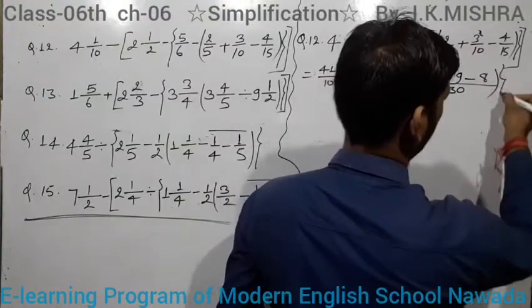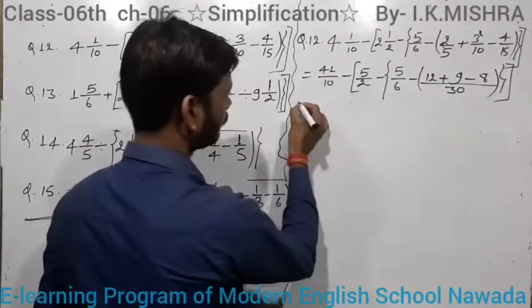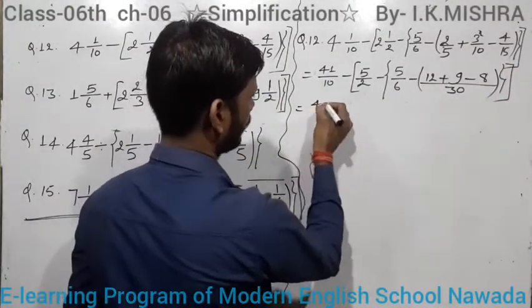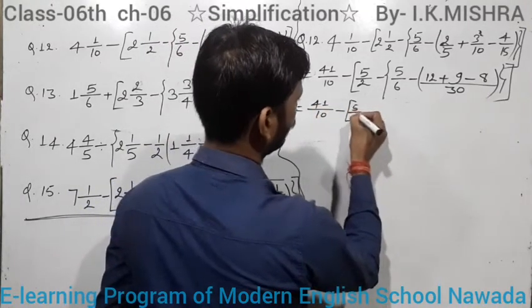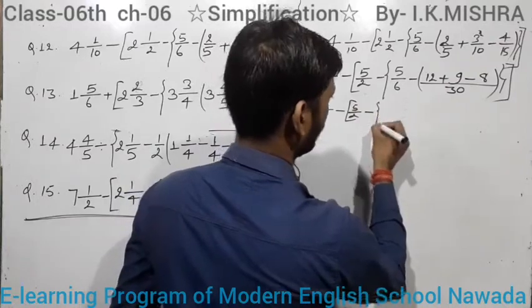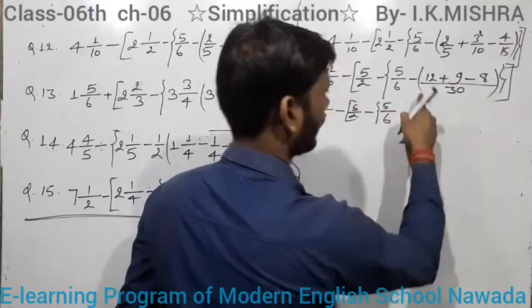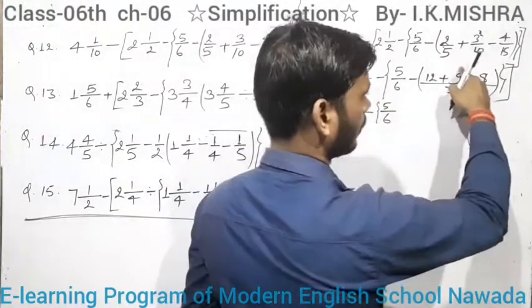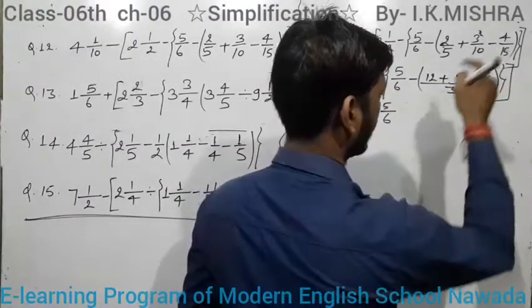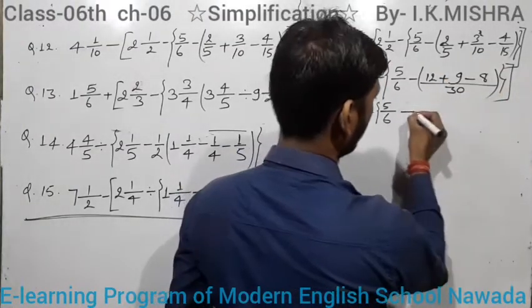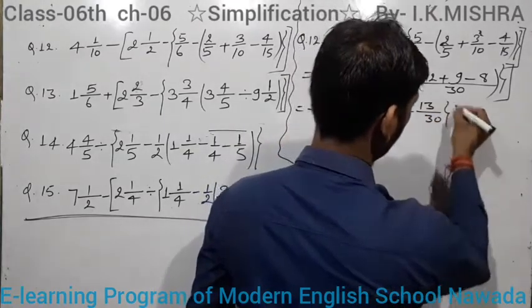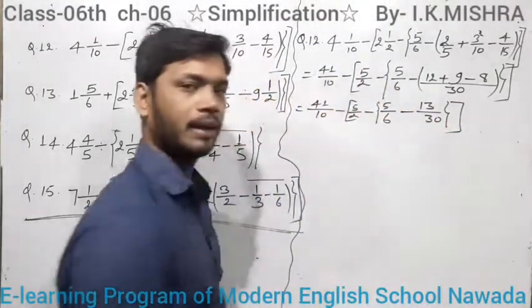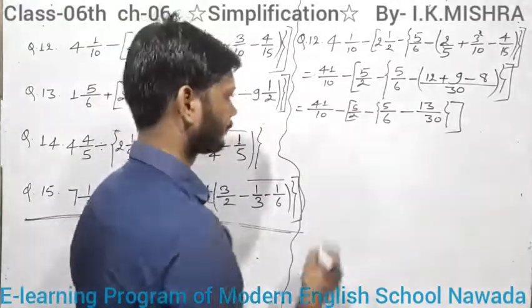Students, after that, 41 by 10 minus 5 by 2 minus 5 by 6, and do the operations here, add and subtract, and minus 13 by 30. Clear, students? The small bracket is eliminated.